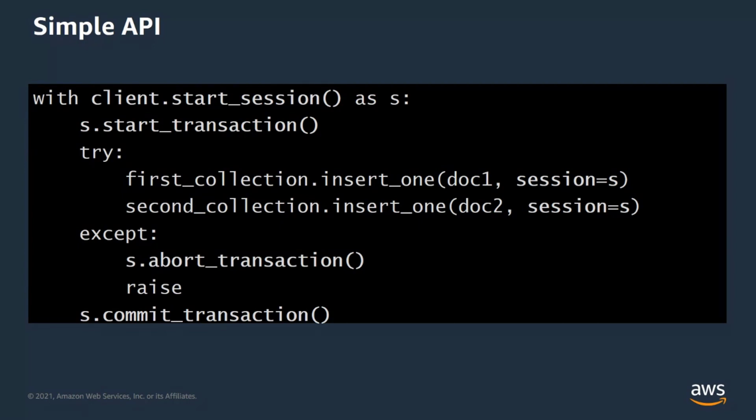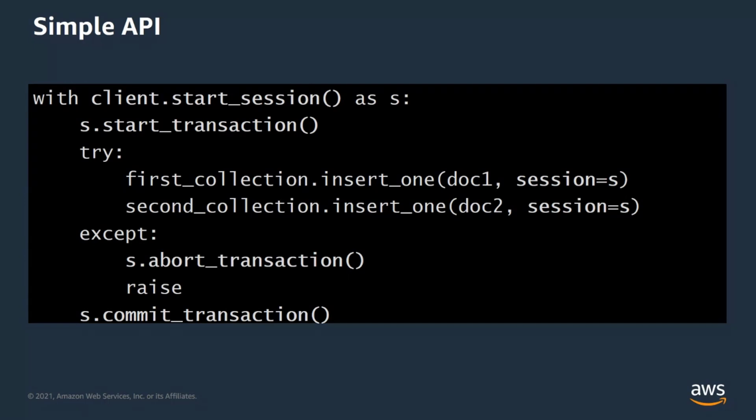So that's the abort transaction piece. And then raise: we're just going to raise the exception up to the calling function so that it can handle whatever else it wants to do with this. We'll talk more at length about how to handle exceptions and retrying things in a moment, but I just wanted to give this idea of how simple it is.